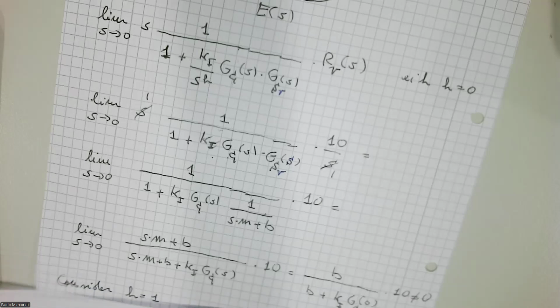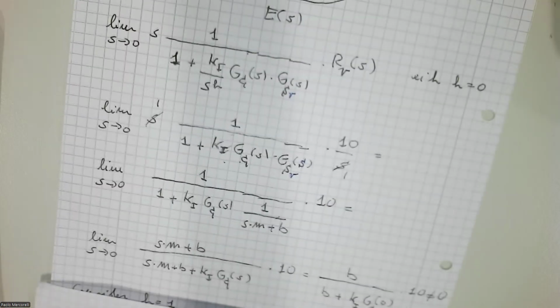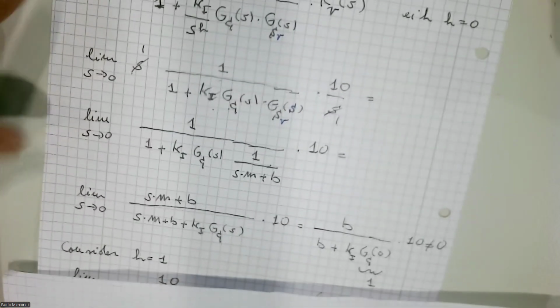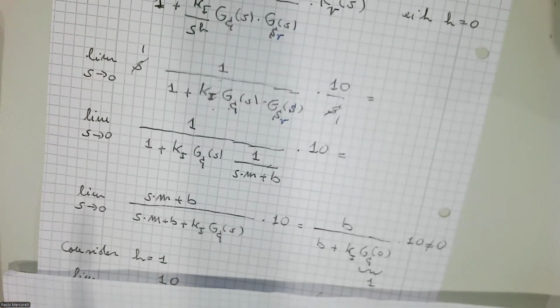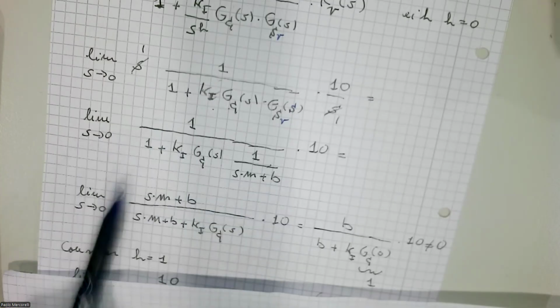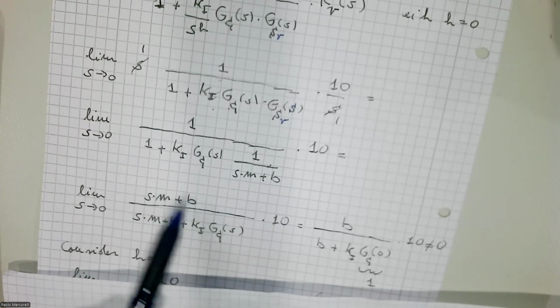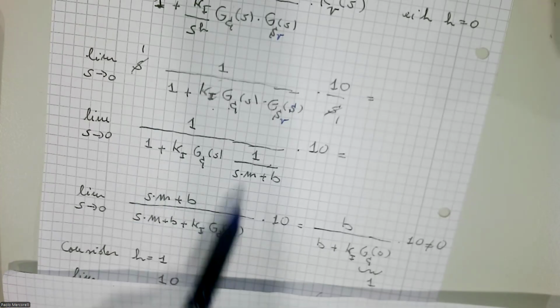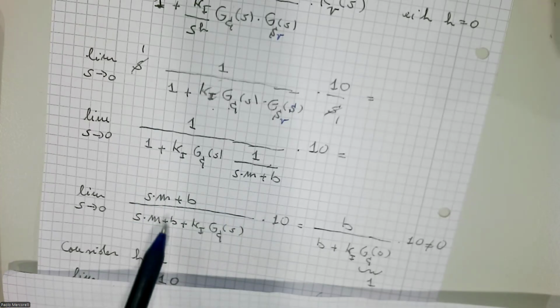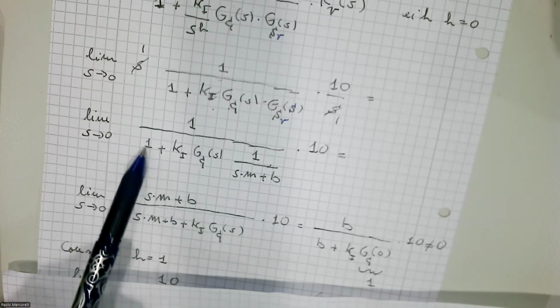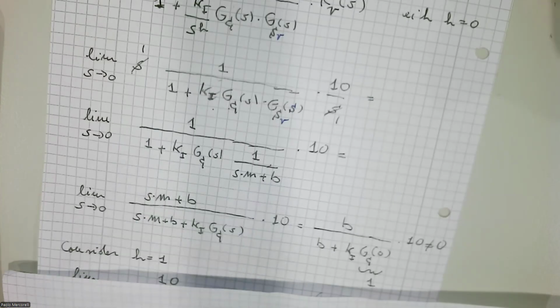Proceeding with the calculation. If the calculations are not clear, please say so, because the calculation should be done at the exam. What I am doing from here to here is multiplying numerator and denominator by sM plus b. This means we have an sM plus b in the numerator, and I have an sM plus b here instead of 1, and then I cancel this denominator.